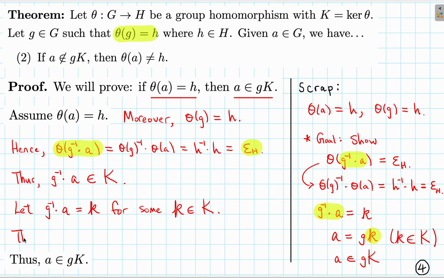Then, by multiplying both sides on the left by g, we have A is equal to g times little k, which is an element of the coset gK. And thus we can conclude that A is an element of the coset gK, as desired.